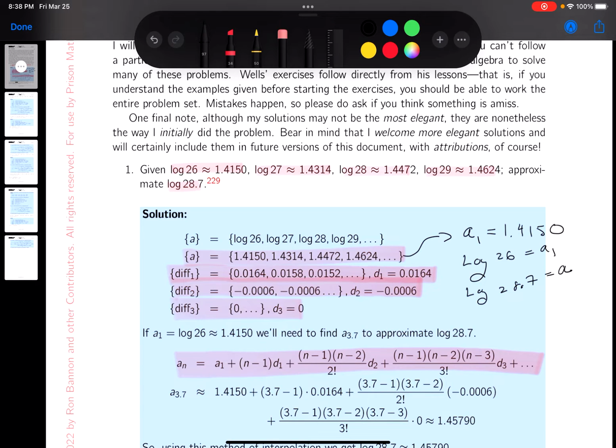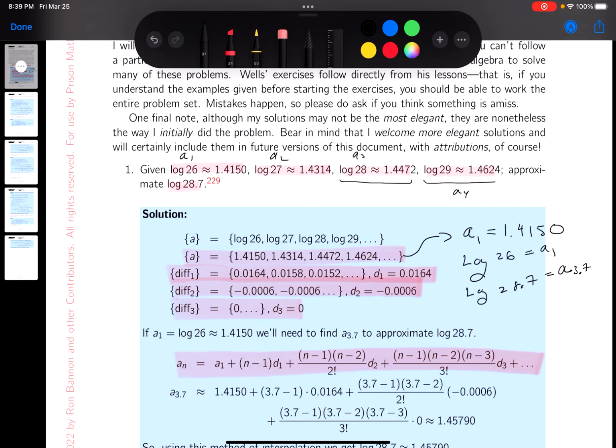Like A2 would be 27. Again, this is A1. A2 would be 27. A3 would be 28, right? So what's that going to be? It's going to be 3.7. So we're actually looking for A 3.7, which might seem strange to you. Again, this is A3, and this over here is A4. We're actually looking for A 3.7.